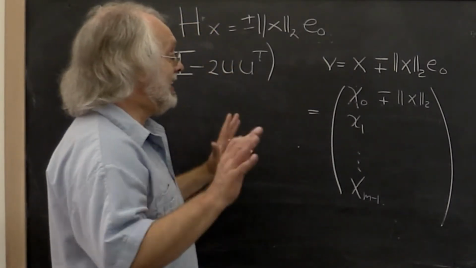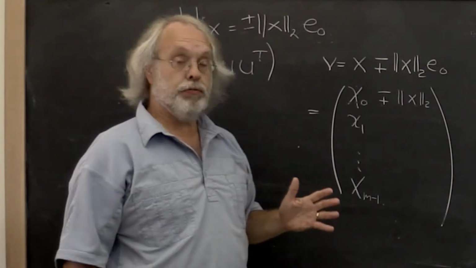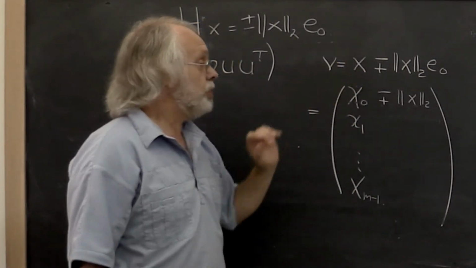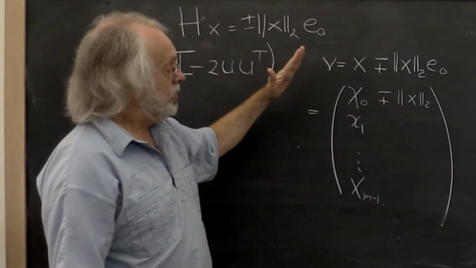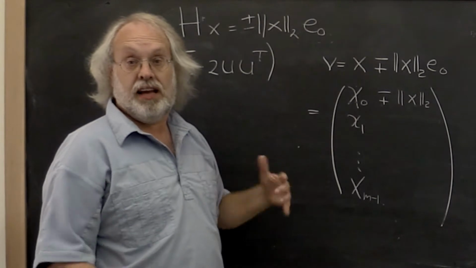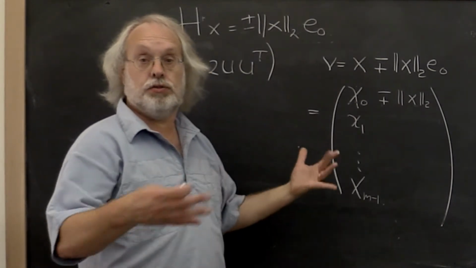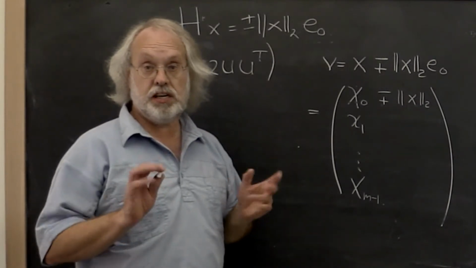So that tells us how to compute that, and you need to be very careful with that, because if catastrophic cancellation happens, then the net effect is that the mirror is not being placed just right, and that means that the Householder transform is not quite the one you want. So this is actually important.